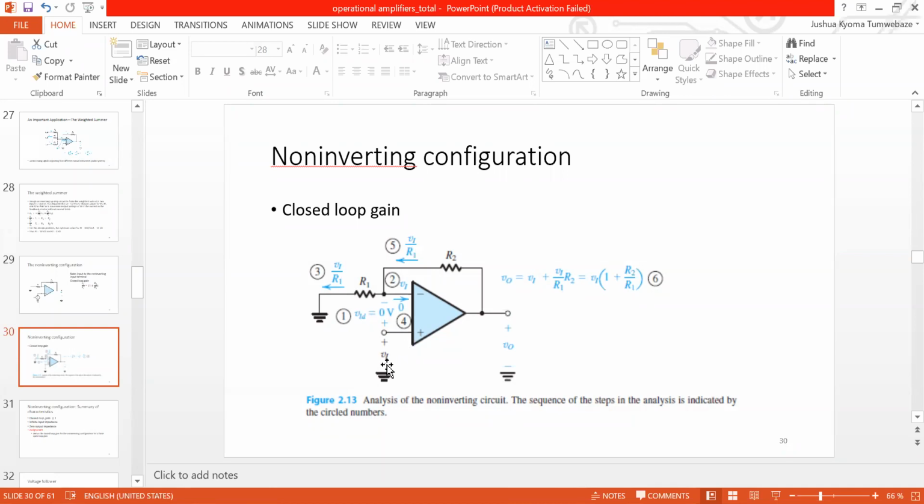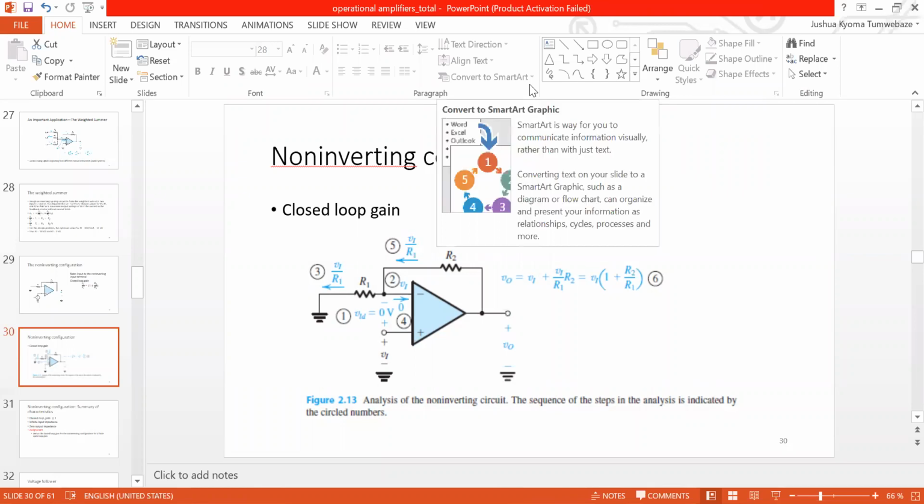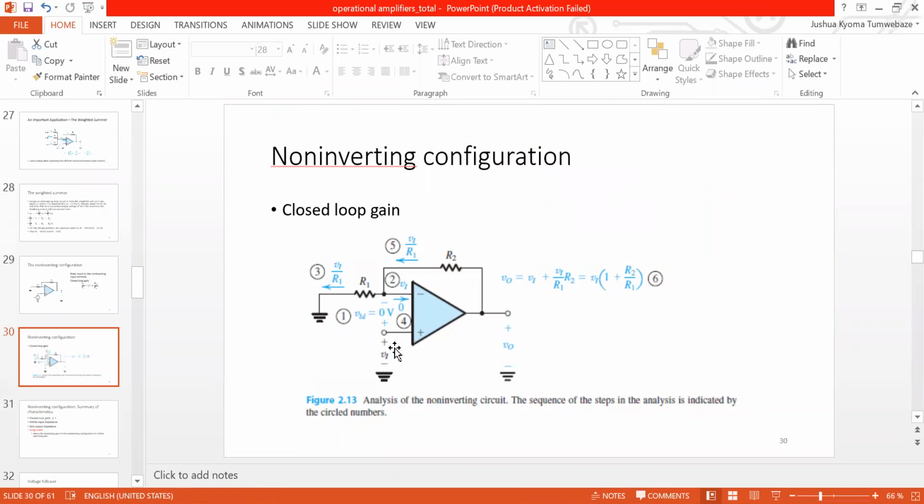Now, VI is applied to the non-inverting input terminal. Therefore, we expect that the voltage at the inverting input terminal, at that point where the cursor is, will also be equal to VI.